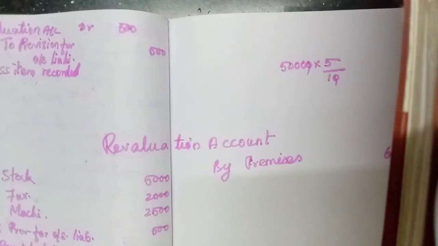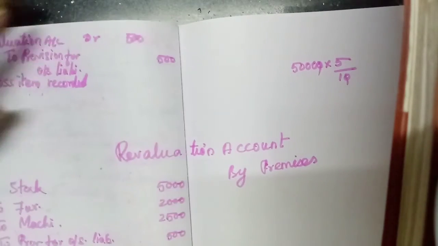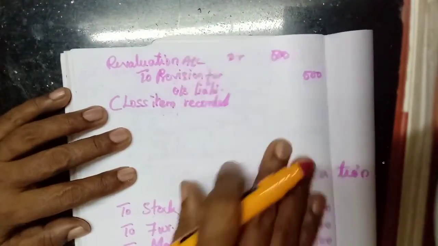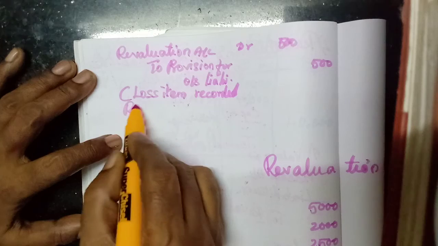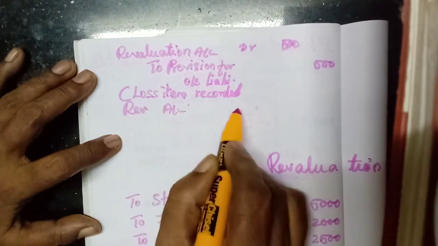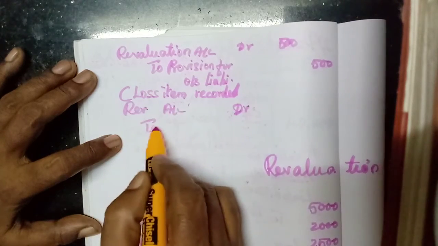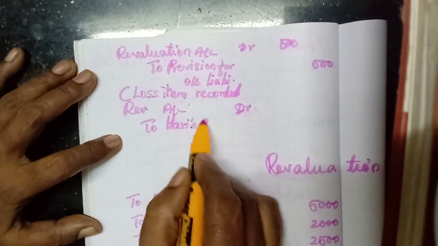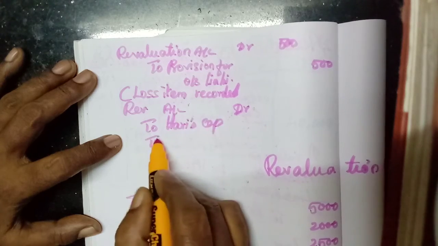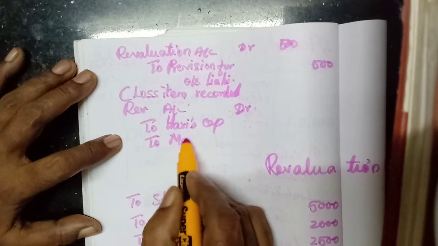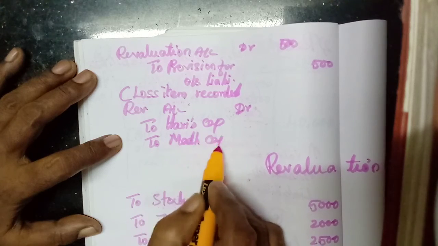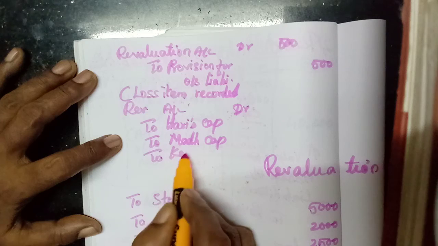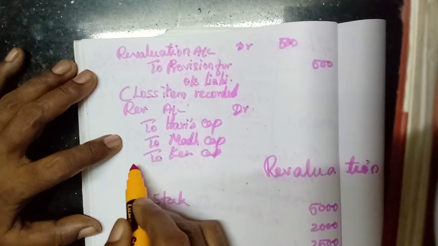Now we should complete the journal entry. Revaluation account debit, to Hari's capital, to Madhavan's capital, to Kesavan's capital.